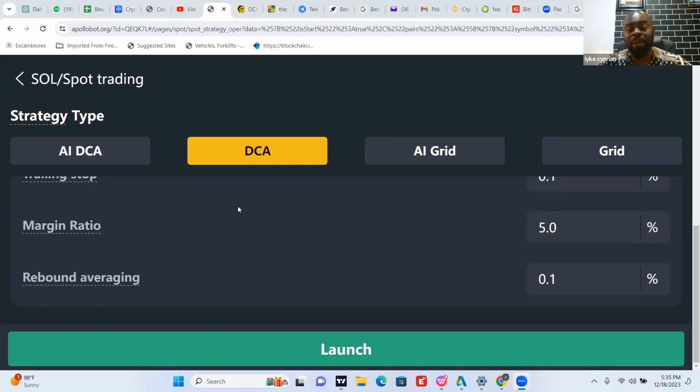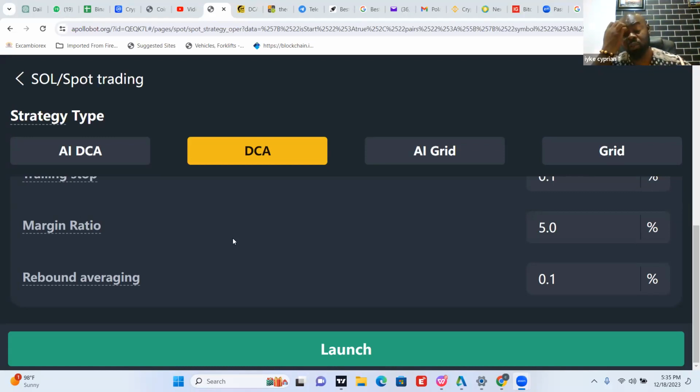To wrap it up, you can always diversify your funds in the futures boards and also in the spot boards. In the spot boards, you can also use the AIDCA and the DCA. So you can see there are clear opportunities for us here.